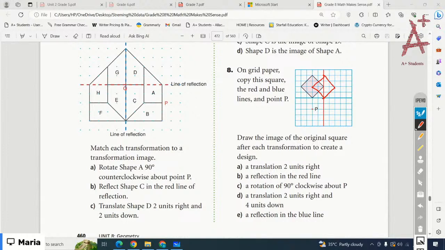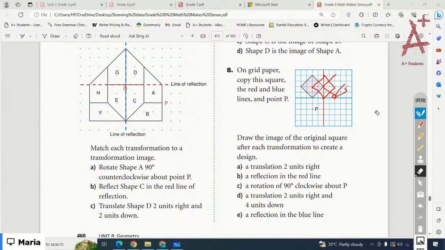Okay, then you have a reflection in the red line. So this is the red line, right? You have to see it as reflected. So it would be like this, like this, like this, like this.